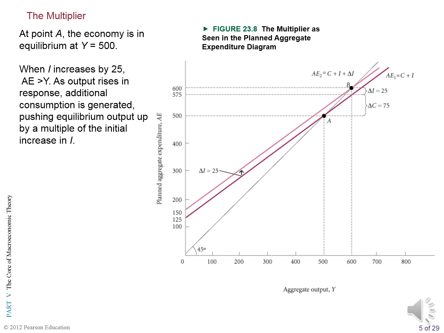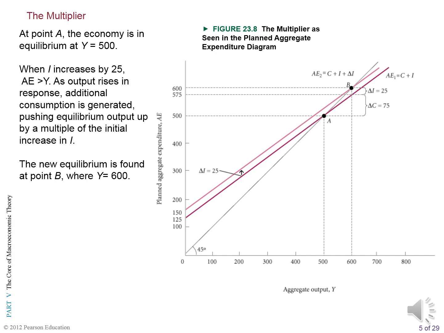Okay, now the equilibrium will occur at a new level اللي هو 600. So 25 dollar increase in investment causes $100 increase in income. This is the effect of multiplier.